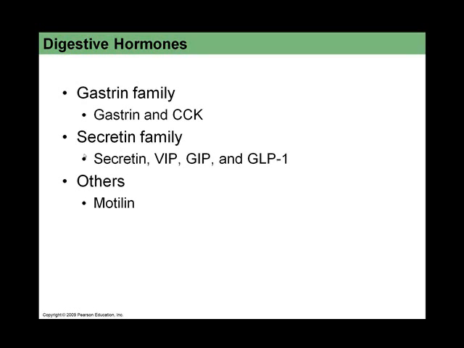Then the secretin family, obviously secretin is going to be targeting some cells to stimulate secretion. Vasoactive intestinal peptide, gastric inhibitory peptide, and glucagon-like peptide 1, which promotes satiety and also stimulates insulin release and inhibits glucagon release in gastric functions.